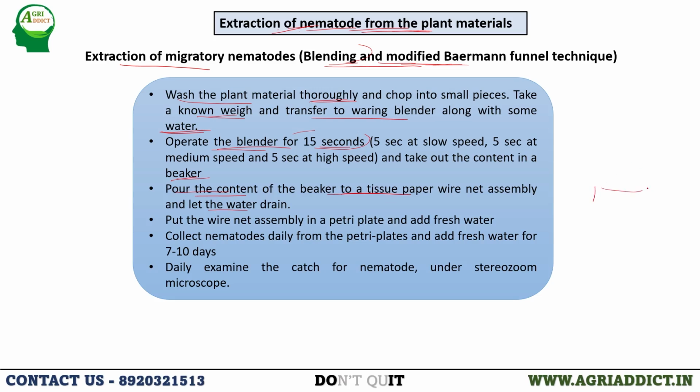Here the Petri dish will have some water added. Over the Petri dish, you keep a wire mesh, and above the wire mesh you keep the tissue paper. On the tissue paper you add the blended sample.